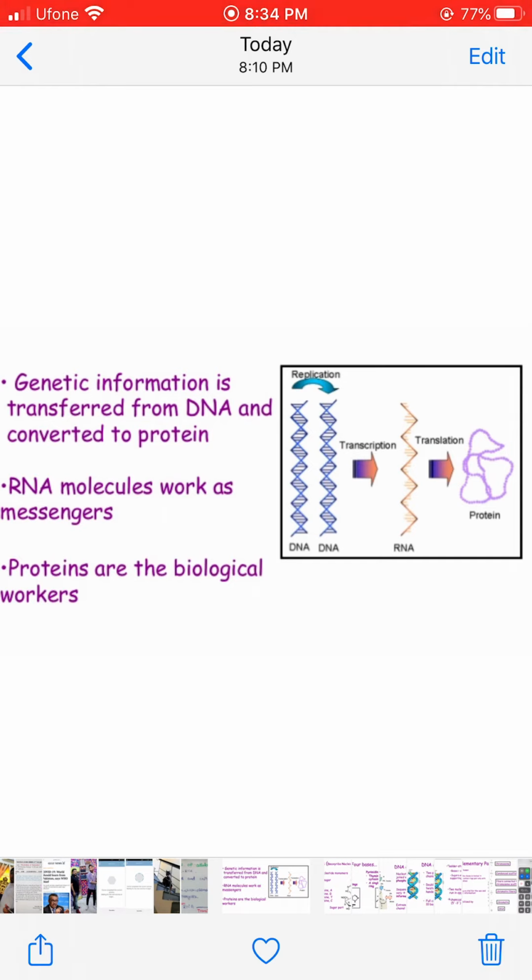These proteins are synthesized from the DNA by the RNA molecules, which work as the messengers. So this is how the genetic information is going to be transferred.